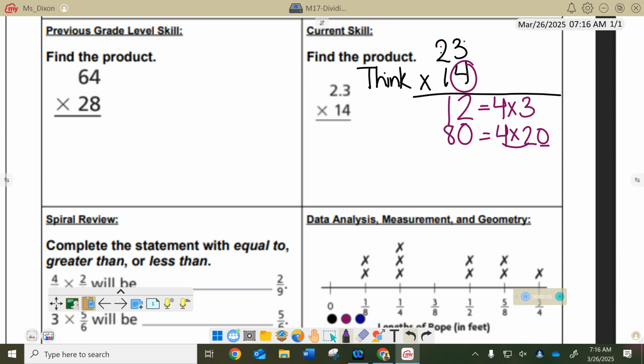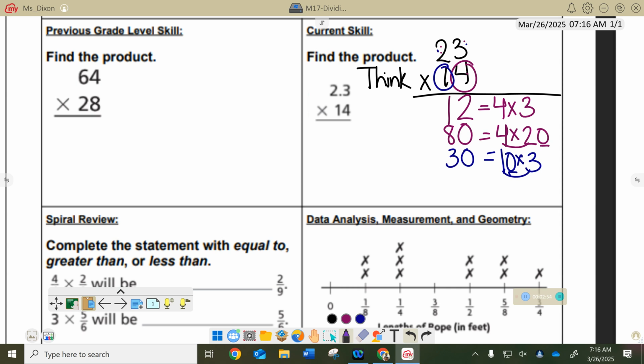Now we're going to do the value of the 1 times the 3 and the 2. The 1 is in the tens place, so the value of that 1 is 10 times the value of the 3, which is 3. So that's going to be 10 times 3. You need a 0, and then 1 times 3 is 3.